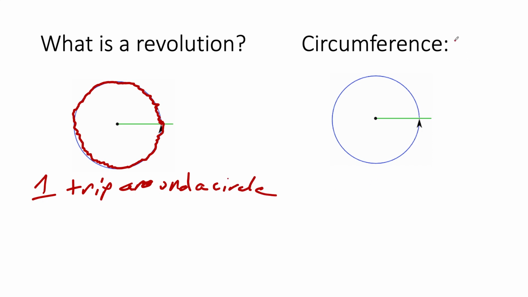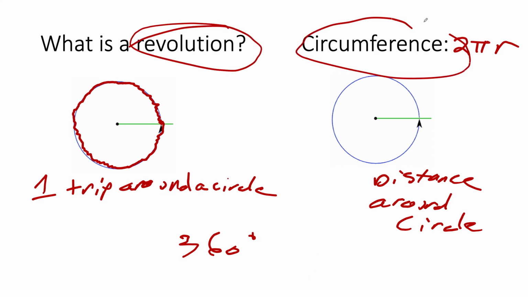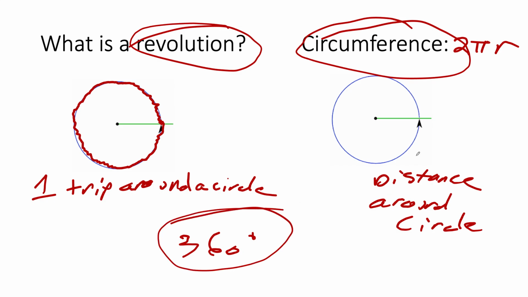Circumference, 2 pi r, the distance around a circle, is also one trip around a circle. So 360 degrees is also one trip around a circle. So a revolution, a circumference, 360 degrees, are all going to be very important.